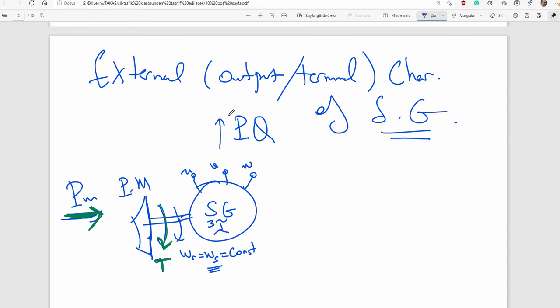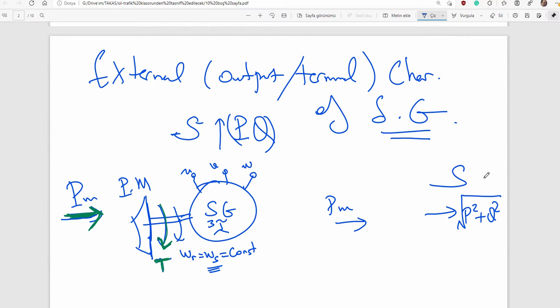So there would be some apparent power. Input is a power. Output will be the sum of active and reactive powers, or shortly apparent power.